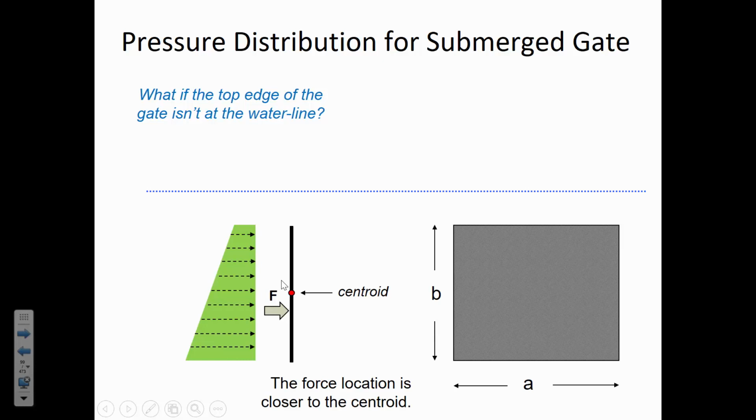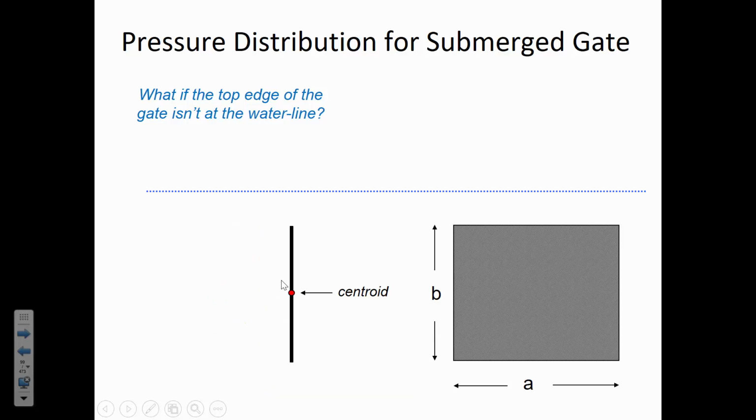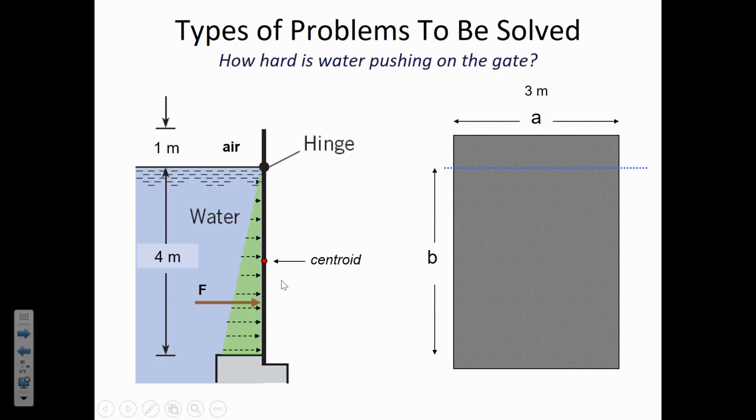Now, in the first example, because it's a triangular distribution, the force is 2/3 of the way down. Because, you maybe remember that the centroid of a triangle is 2/3 of the way from the pointy end. So here's the center of area.